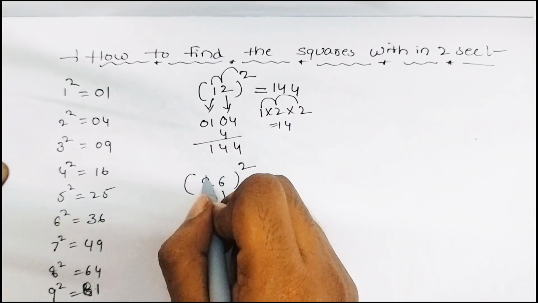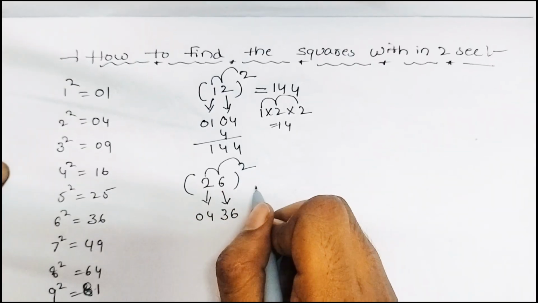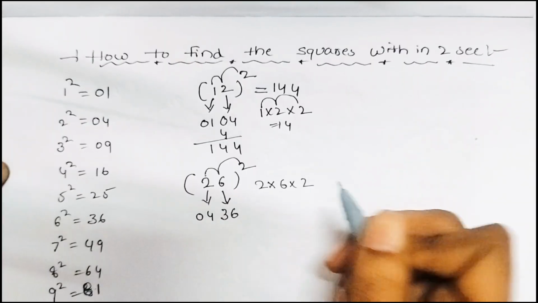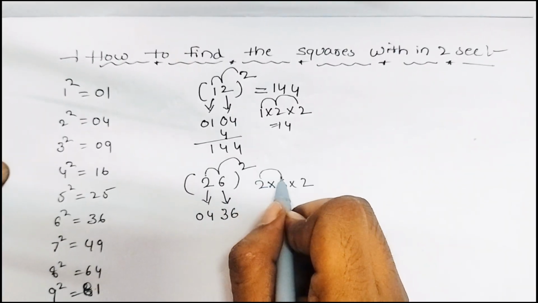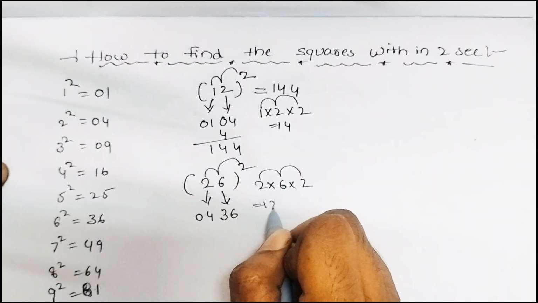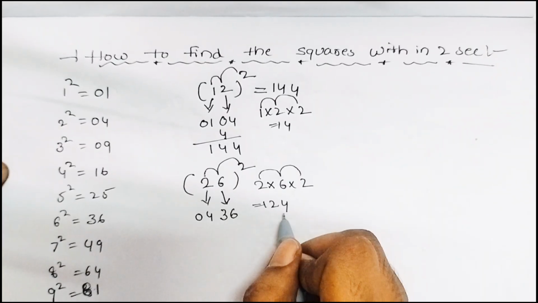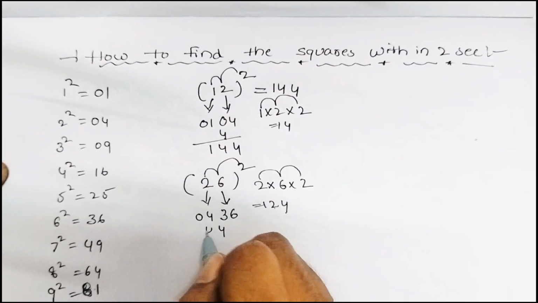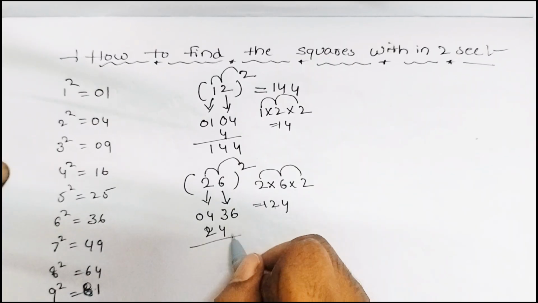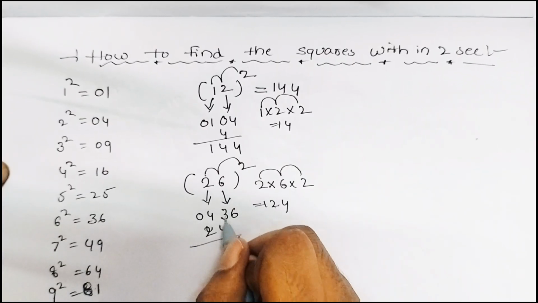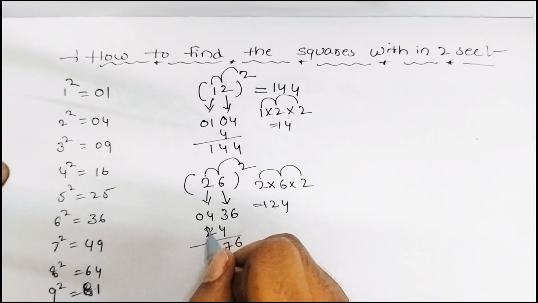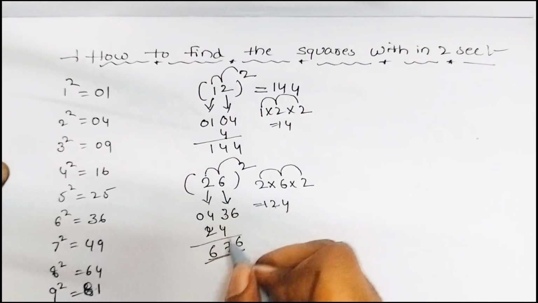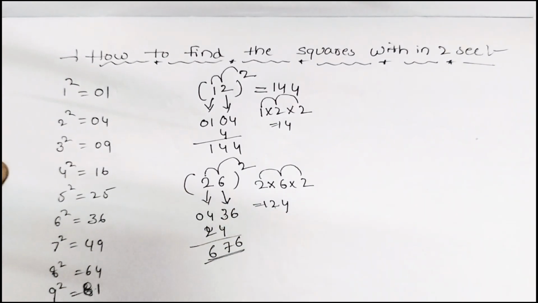We take the product of these digits, that is 2 into 6 into 2. 2 sixes are 12, and 12 twos are 24. We write the 4 in the tens place and 2 in the hundreds place. We add them: 6, 3 plus 4 is 7, and 4 plus 2 is 6. So 26 square is 676.